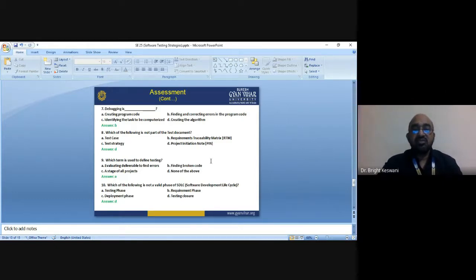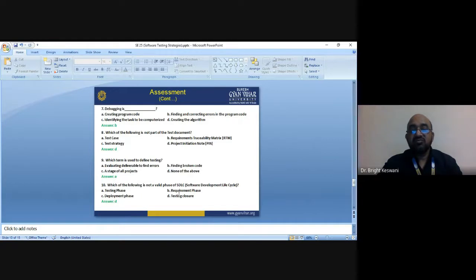Which term is used to define testing? Evaluating deliverable to find errors, finding broken code, stages of all projects, or none of the above. Evaluating deliverable to find errors is the term used to define testing. Yes, answer is A. Which of the following is not a valid phase of SDLC?